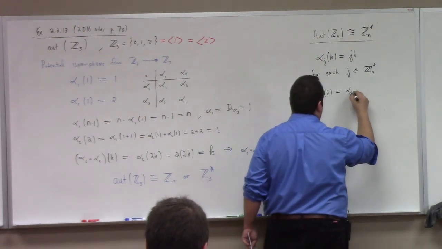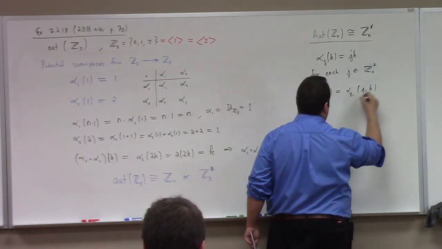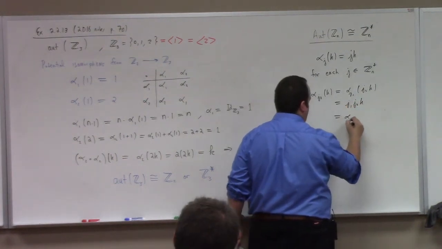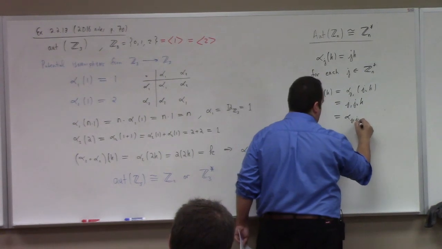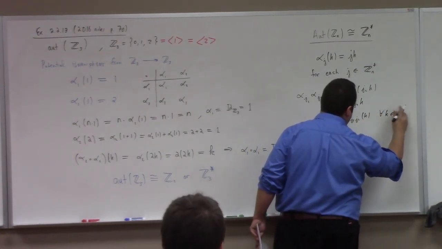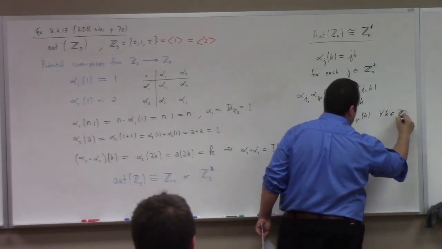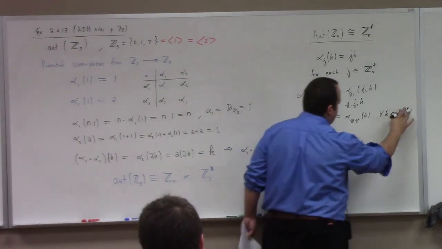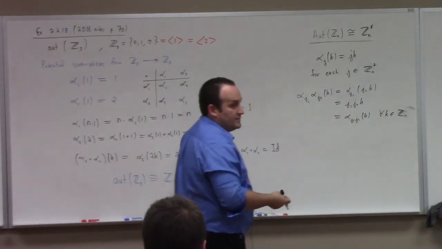You get alpha sub j1 j2 of k, which is j1 j2 k, for all k, where j1 and j2 are in Zn star.